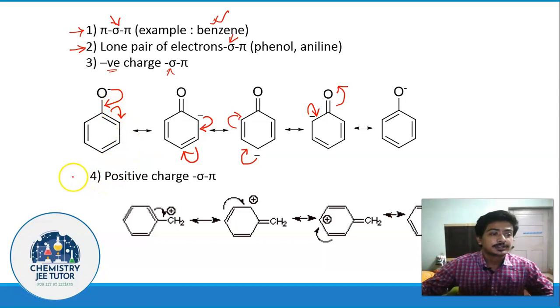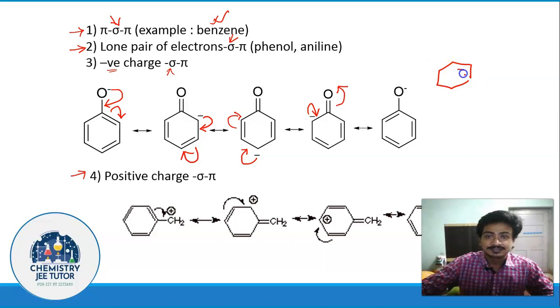Now in the fourth kind of example, what we are going to study is the delocalization of positive charge. Now you need to understand, if it is a positive charge, suppose the molecule we have taken is this, which is known as a benzyl carbocation. So what happens in a system like this?